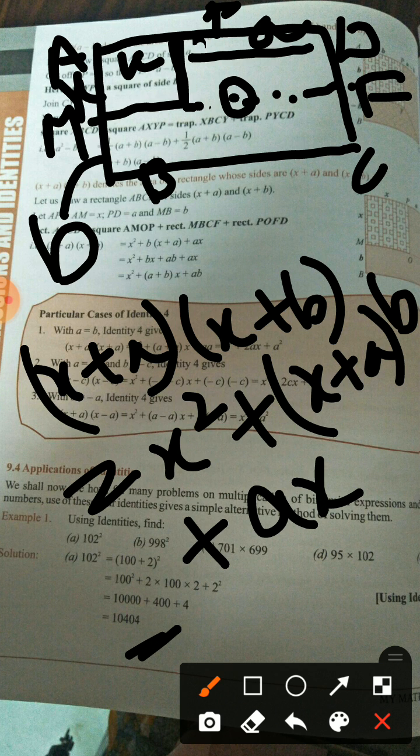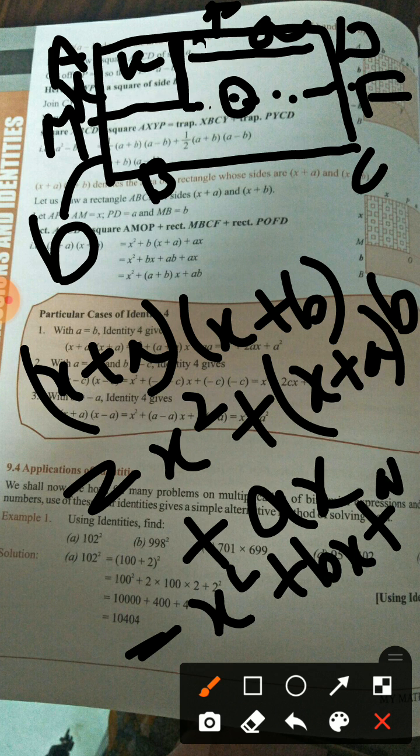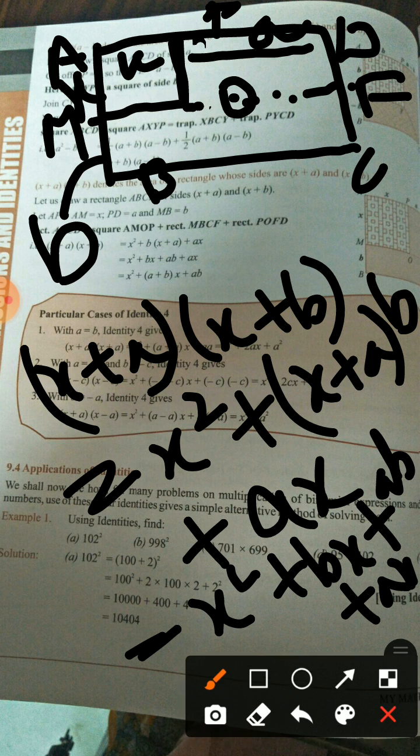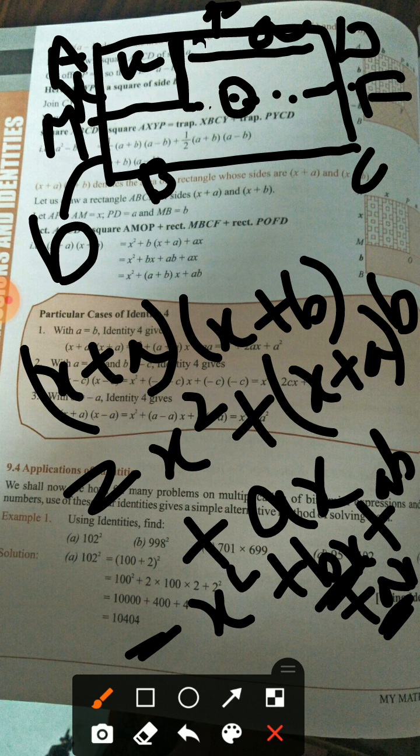I'm solving. You'll get x square plus bx plus ab plus ax. x can be taken common from these two terms.